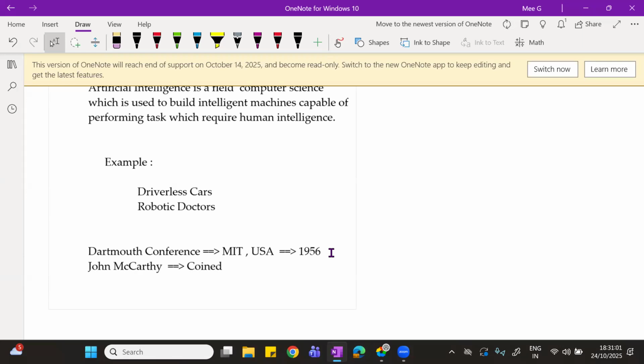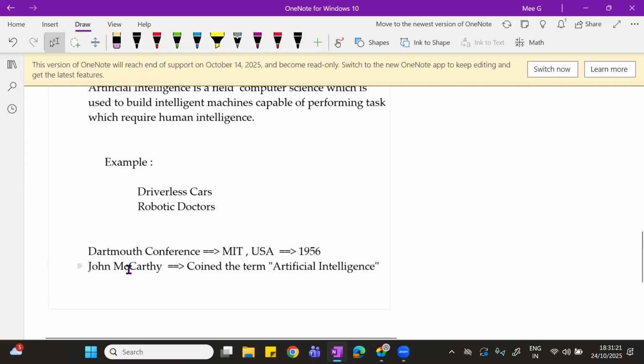It's altogether a first time we are using this term, then it is called coined. So John McCarthy coined the term artificial intelligence on the dais of the Dartmouth Conference in 1956. So it is approximately 70 years now. It's like 70 years since this term came into existence.